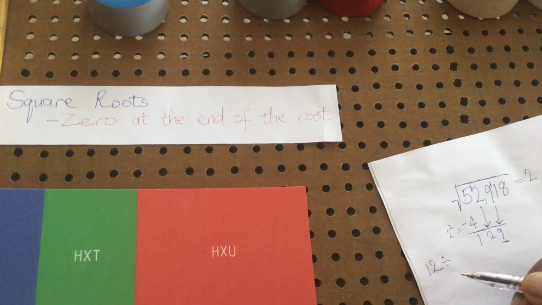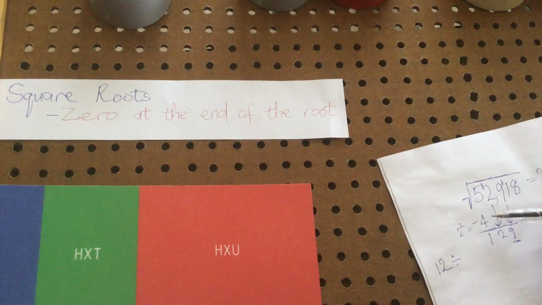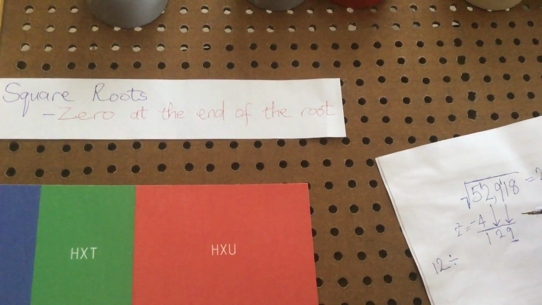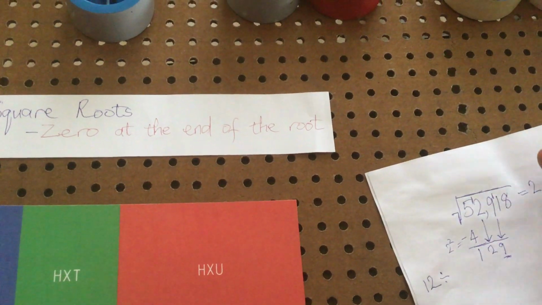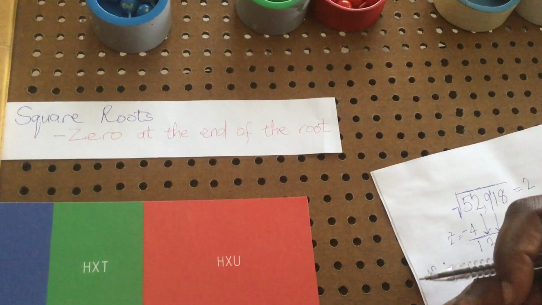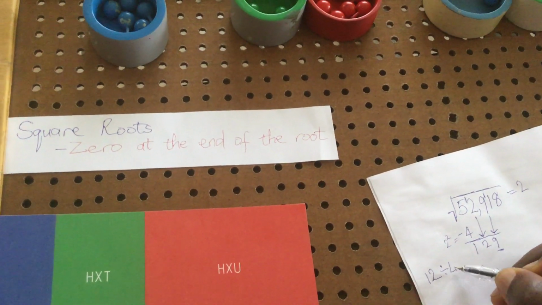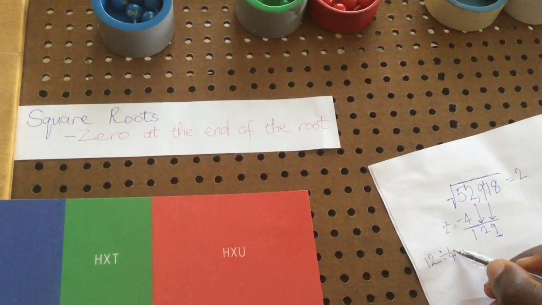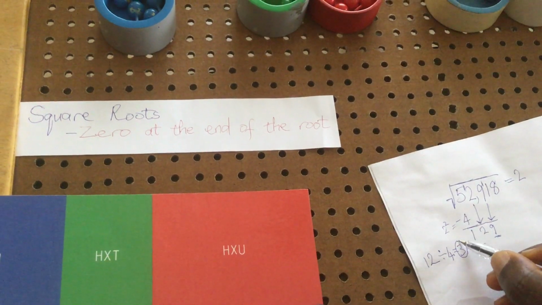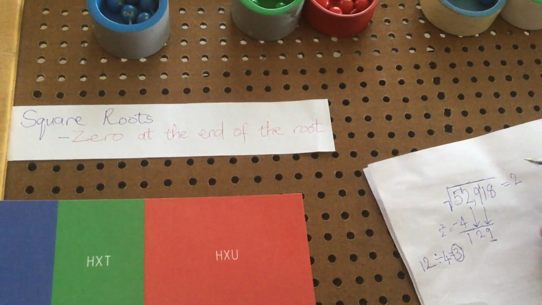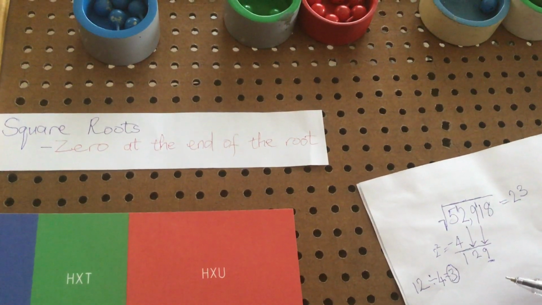Now we ask ourselves, this square of 2, to build a layer of a rectangle, we are going to need 2 on the right and 2 at the bottom. That will be 4. So we divide that by 4, and we are going to have 3. So 3, we figure out, is the next digit in our root.